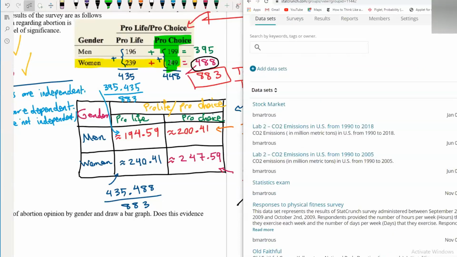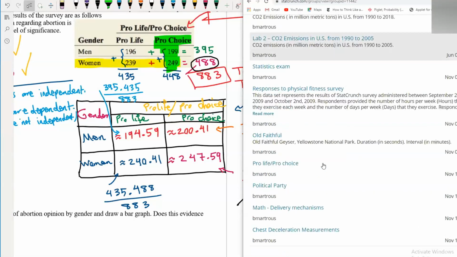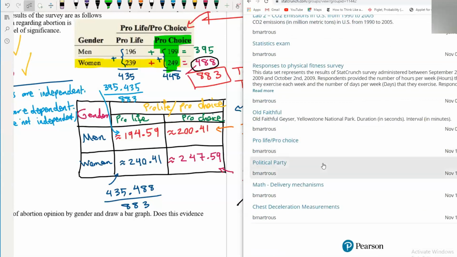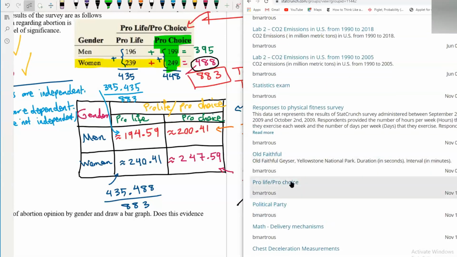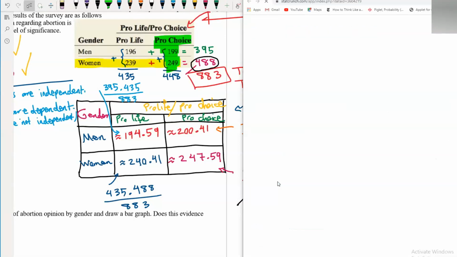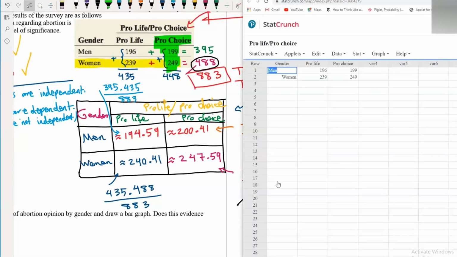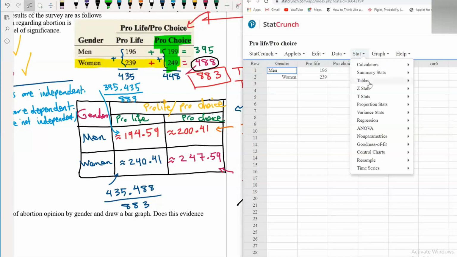So this one is pro-life, pro-choice. Here you can find this data, this table in our group, pro-life, pro-choice. Now here we have Stat, Tables, Contingency, With Summary.